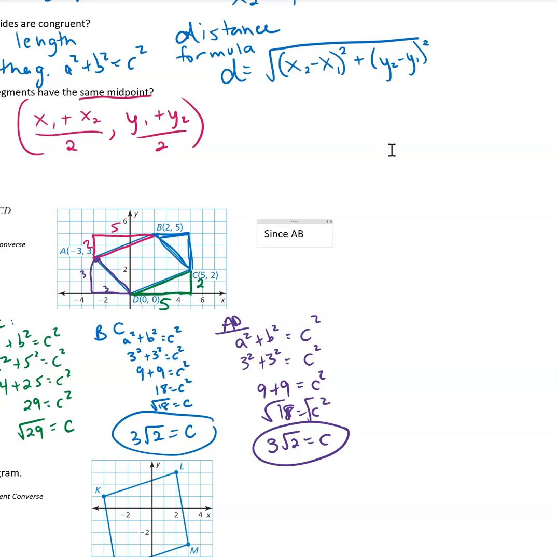since AB is equal to CD and BC is equal to AD by the opposite sides congruent converse, ABCD is a parallelogram.